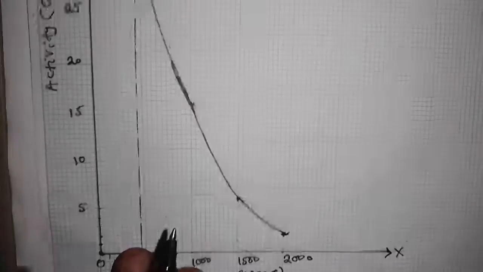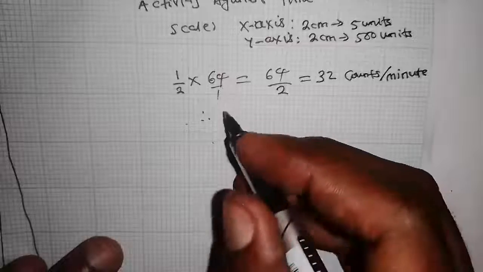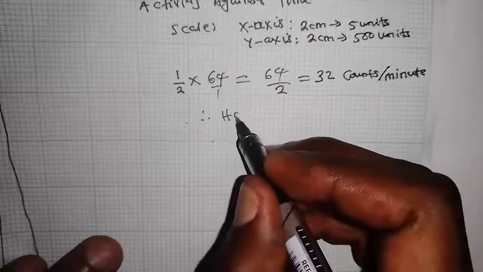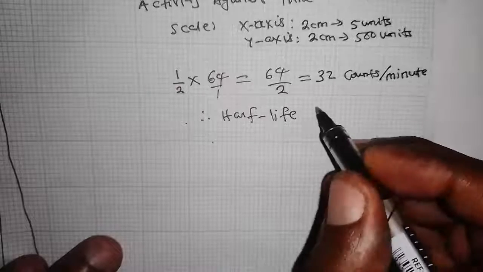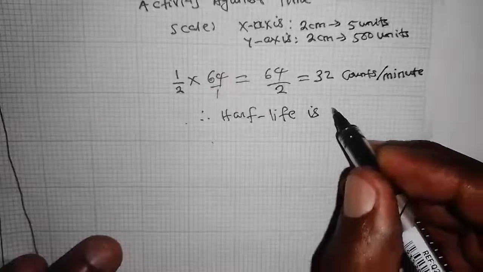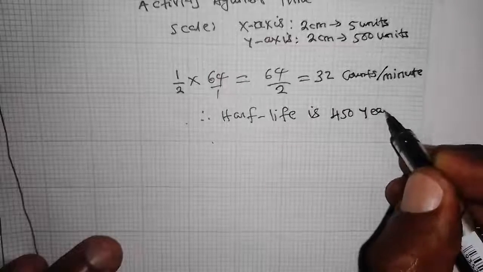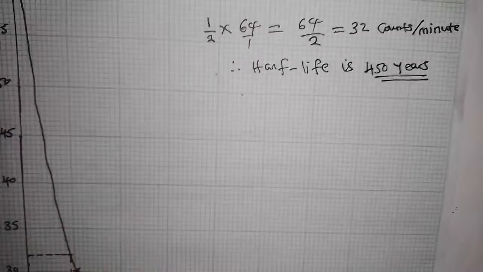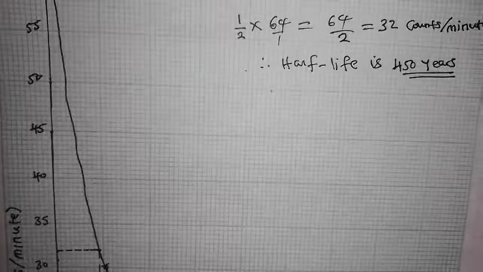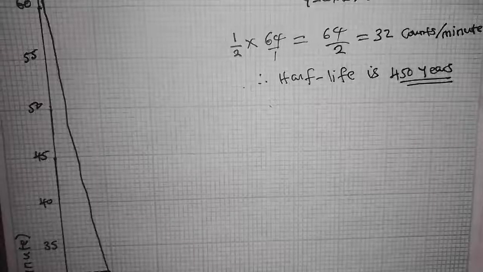So therefore the half-life is 450 years. That's how you can handle the graphical work when it comes to radioactivity.